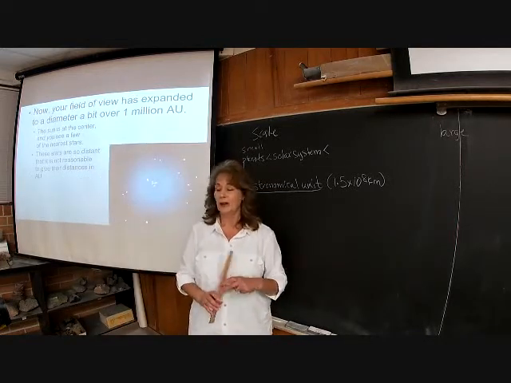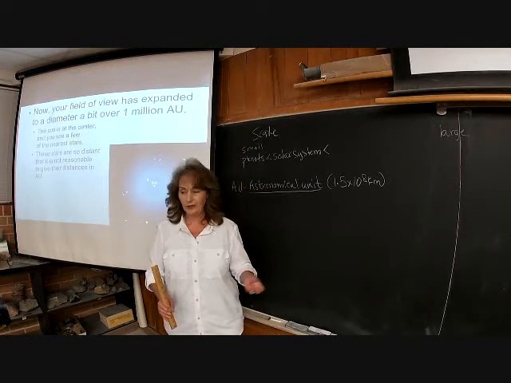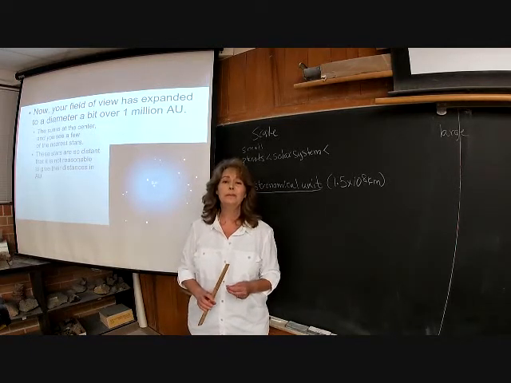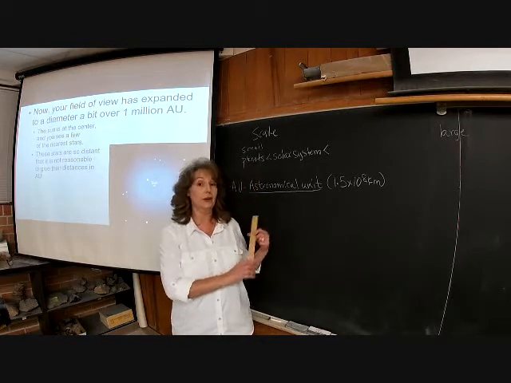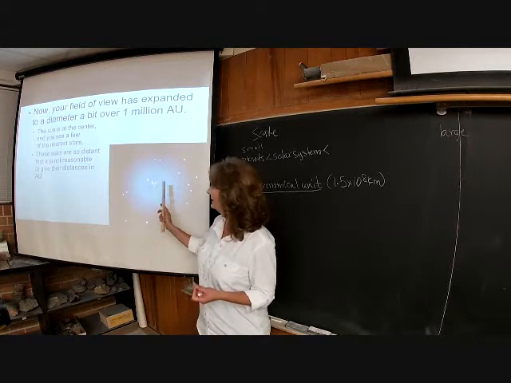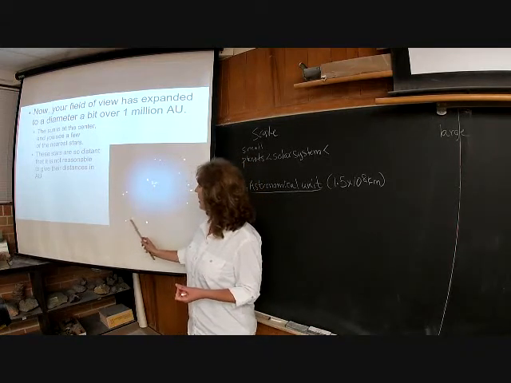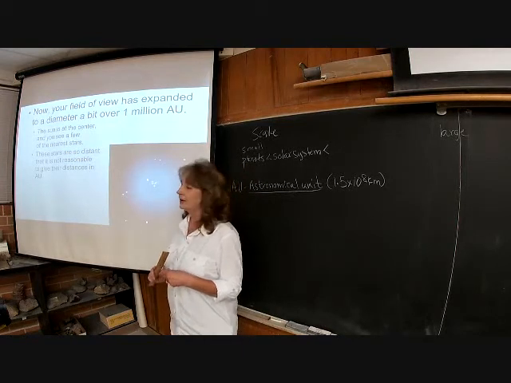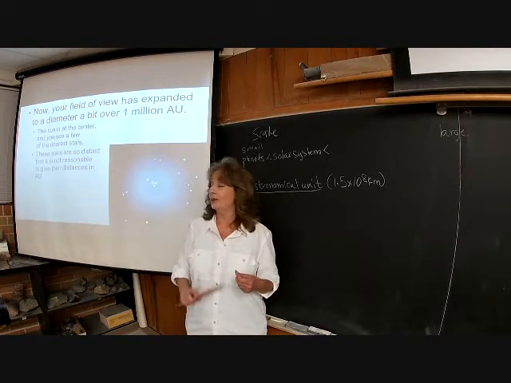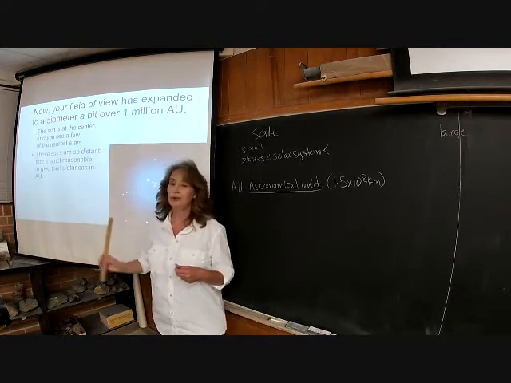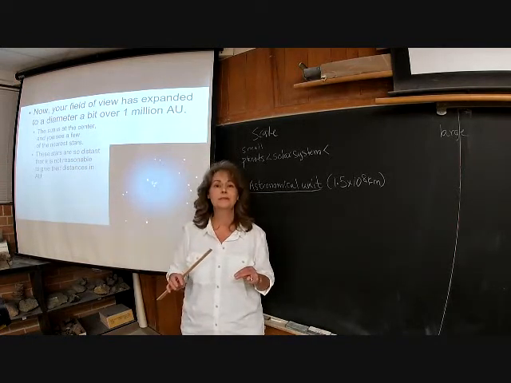Okay, here we go again. Now we're expanding our view again. Here we have a diameter a bit over 1 million astronomical units. We've got the Sun at the center, and now these dots here are other stars, okay? They're really far away, to the point that giving their distances in AU becomes unreasonable.